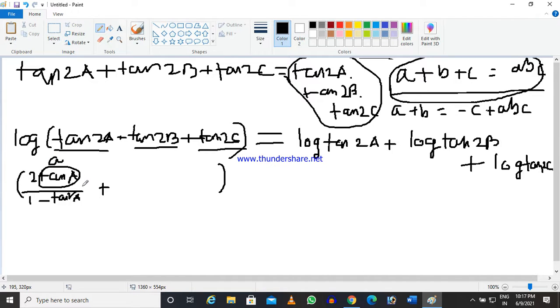We have assumed small a is equal to tan a, tan b is equal to small b.